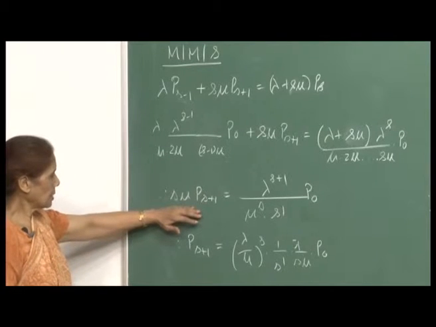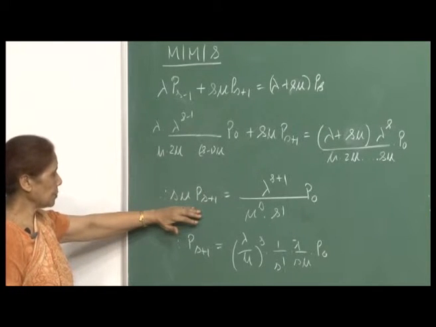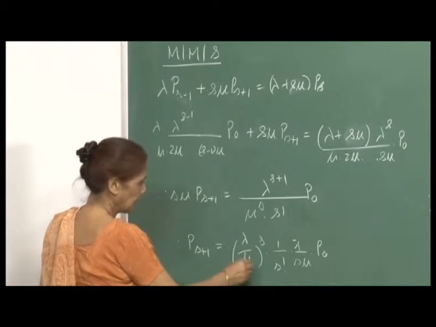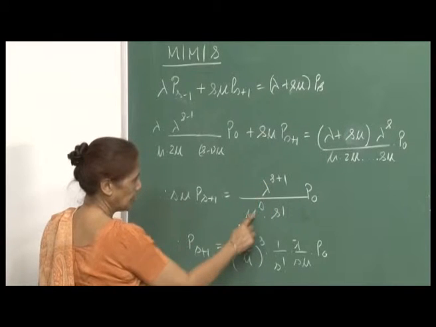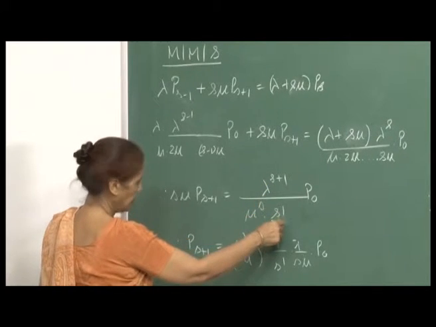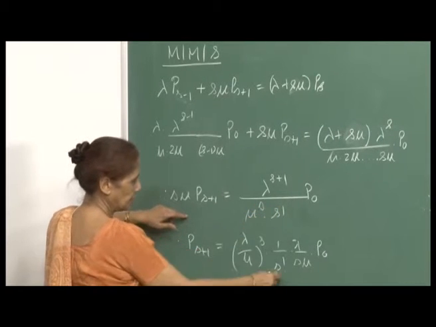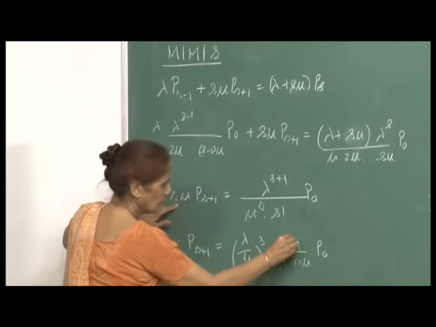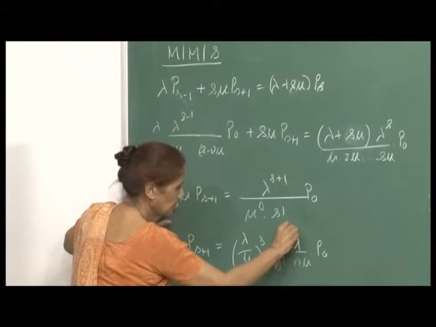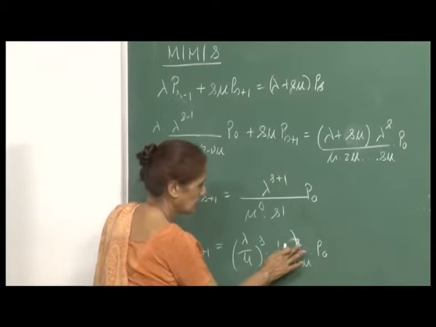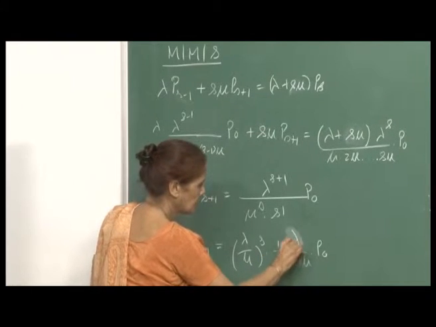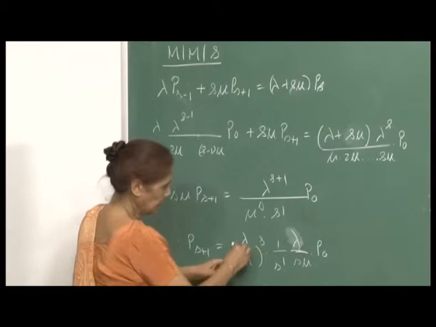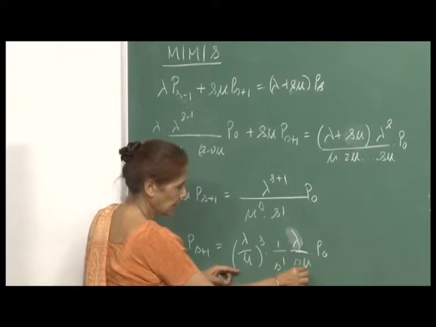That gives you s mu into P(s+1) equal to this, and therefore P(s+1) will be (lambda by mu)^s upon s factorial, divided by s mu, times lambda. So when it is s+1, you have this term into lambda upon s mu.